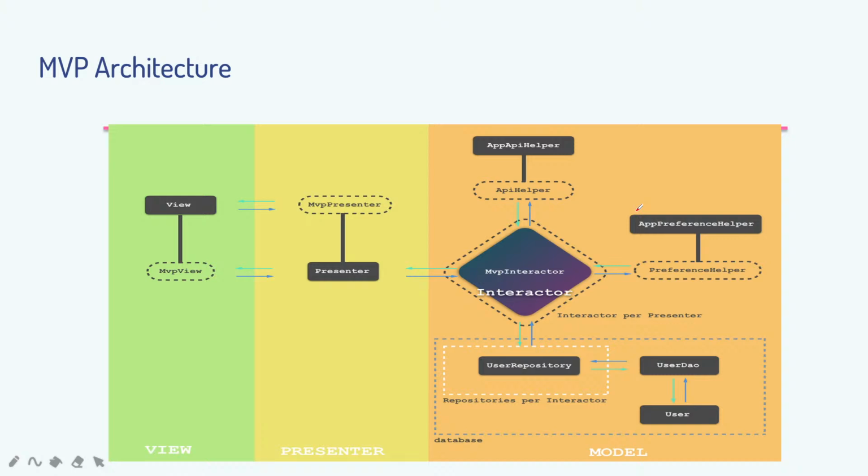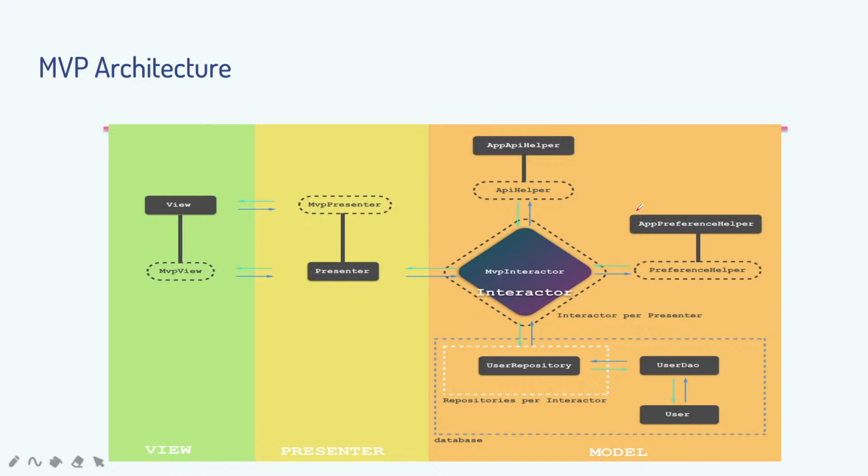So if you want to do any job with MNC companies and you need to develop some code, you need to focus on the MVP architecture. Then only can you easily develop the code.